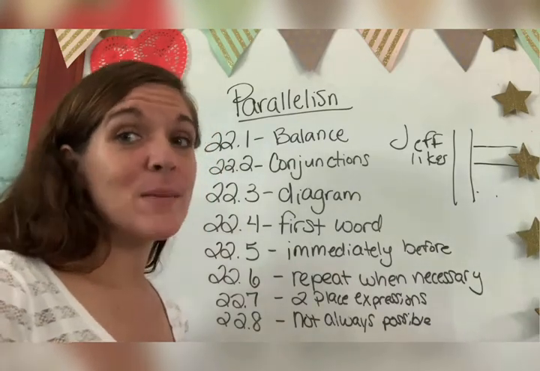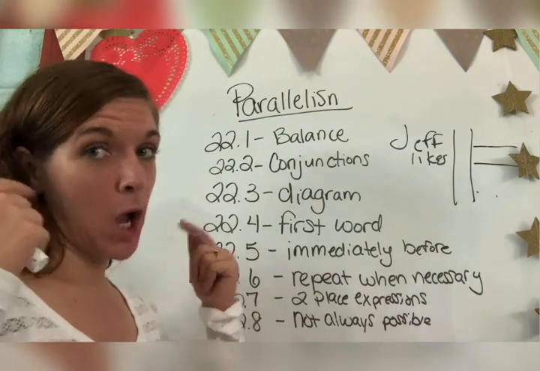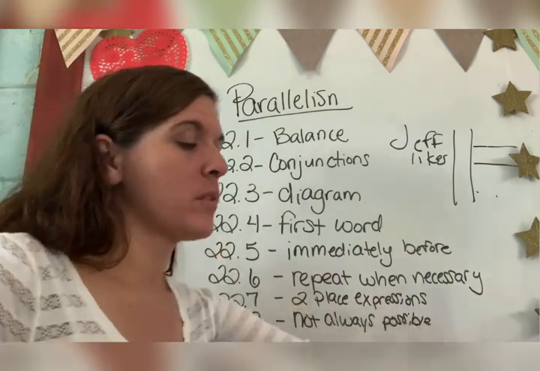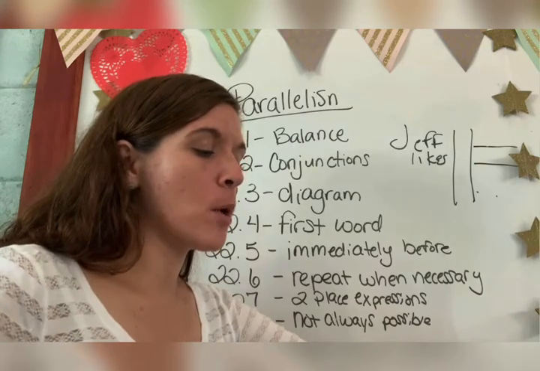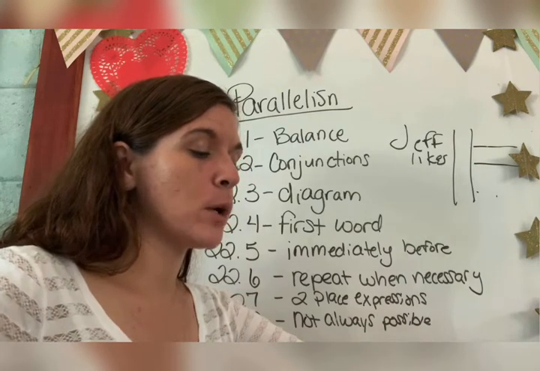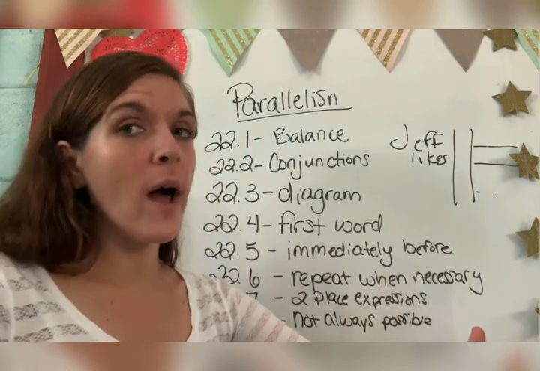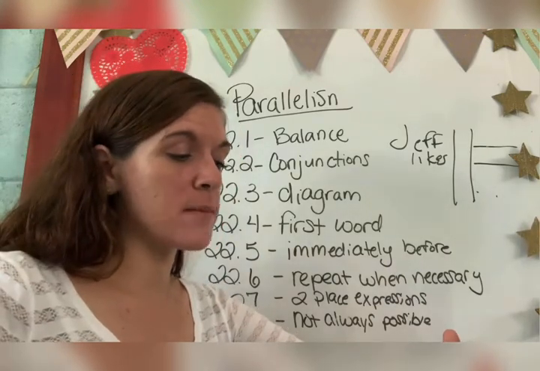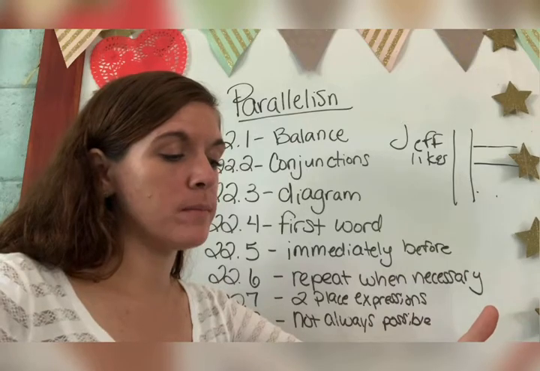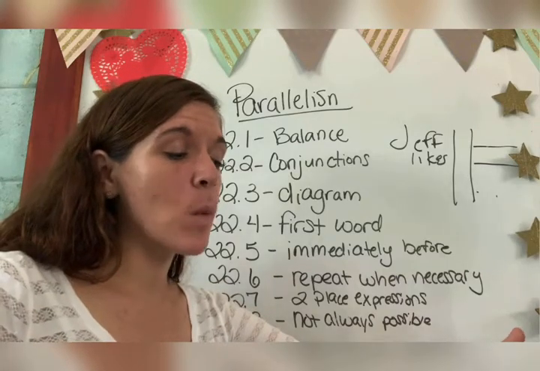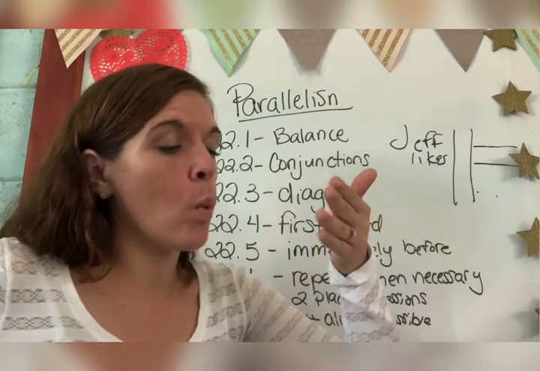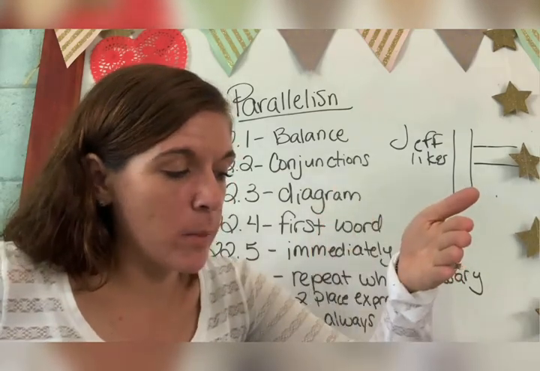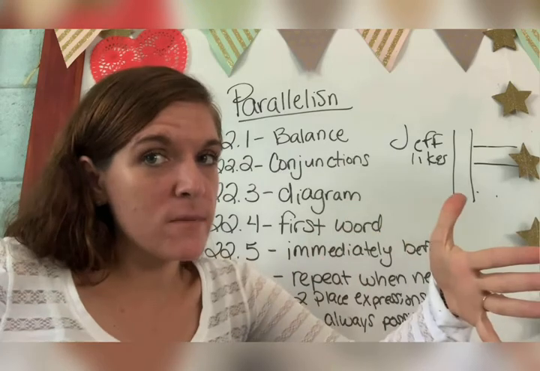Okay, this one is hard to catch, so you gotta be on it on this one. Look, I'm gonna show you. This one's not parallel. By flying nonstop over the Atlantic Ocean, Lindbergh not only won a $25,000 prize, but also the respect and admiration. Sounds great, but guess what? You said the word not only, and now you said won a $25,000 prize, the respect and admiration.